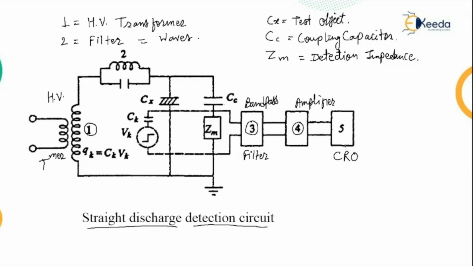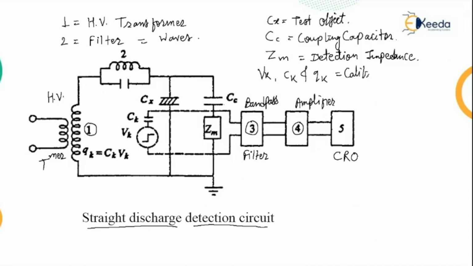Then we have VK, CK, and QK with the calibrating pulse.